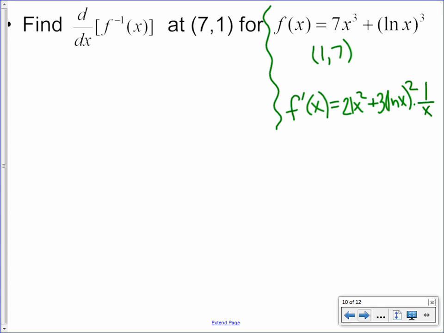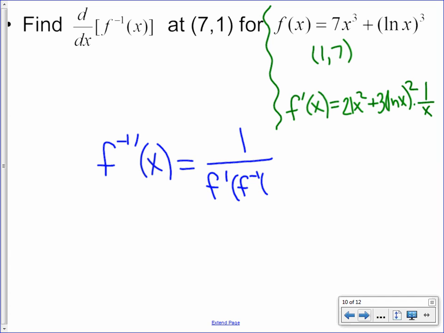So now, if we want the inverse derivative, then what do we do? 1 over the derivative of the inverse, okay?